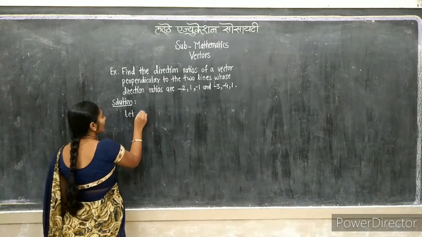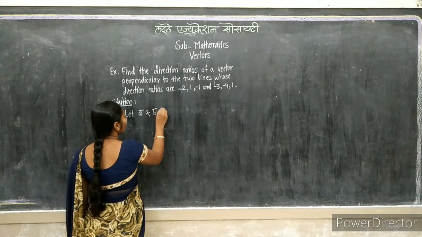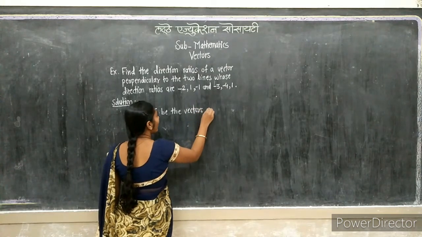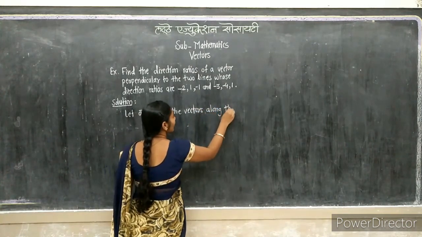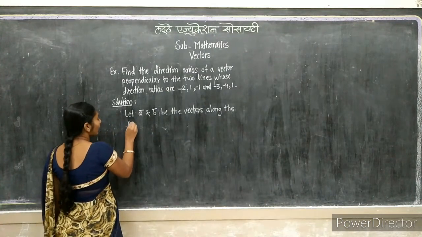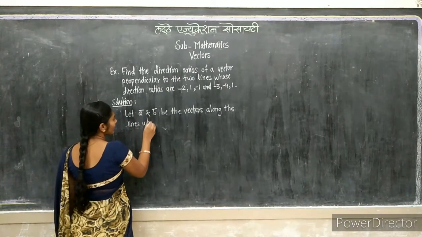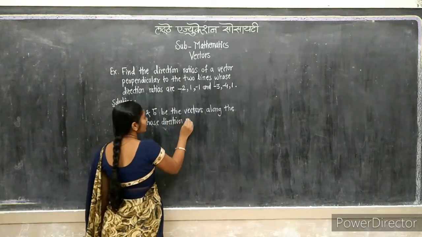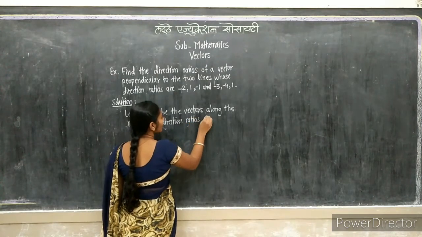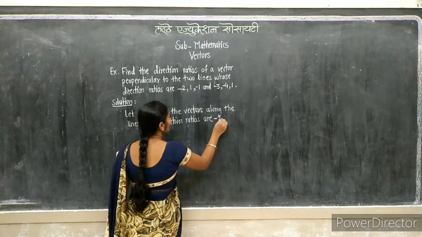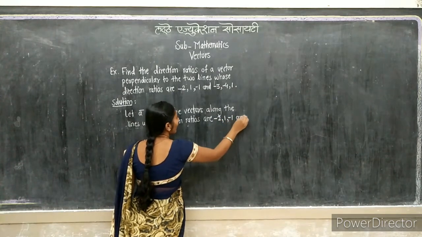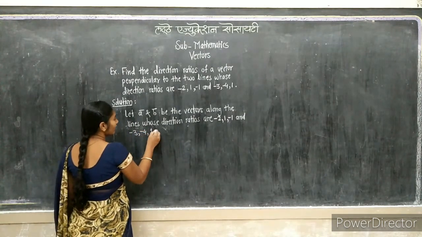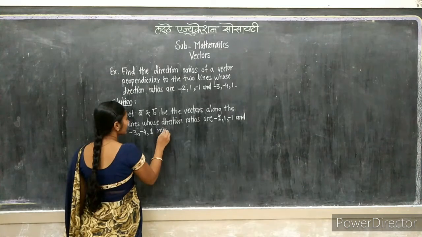Let a bar and b bar be the vectors along the lines whose direction ratios are minus 2, 1, minus 1 and minus 3, minus 4, 1 respectively.